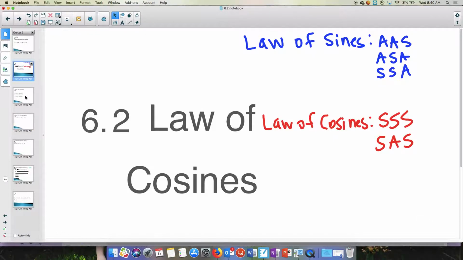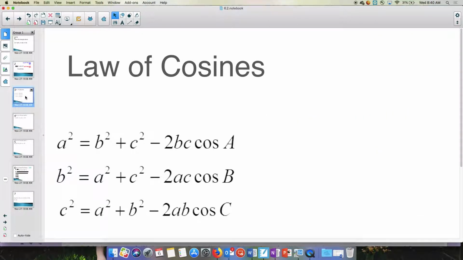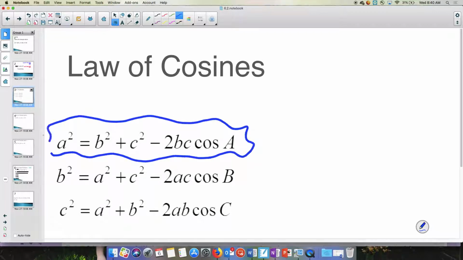Here is the law of cosines formula. Like I said, you would only need to really copy one of them down, and I'll show you how the other two can just be rearranged.